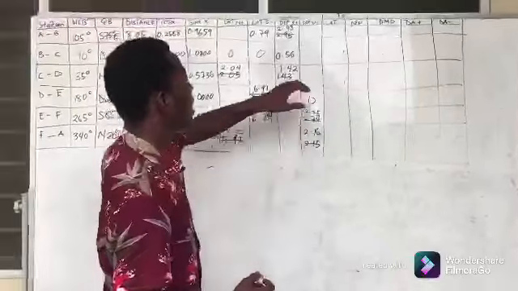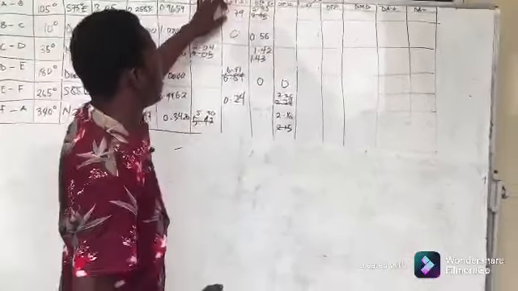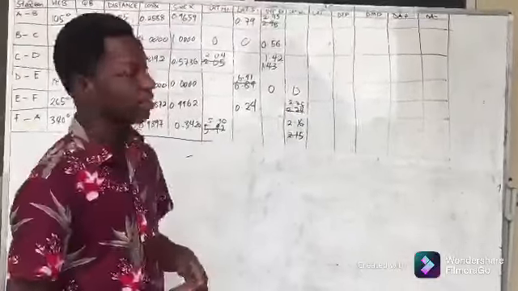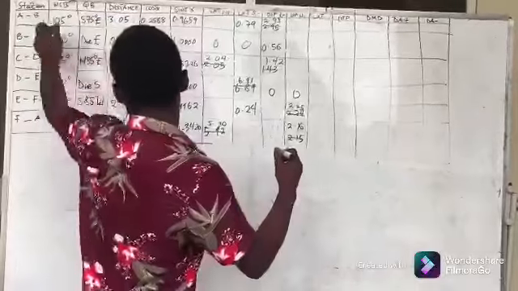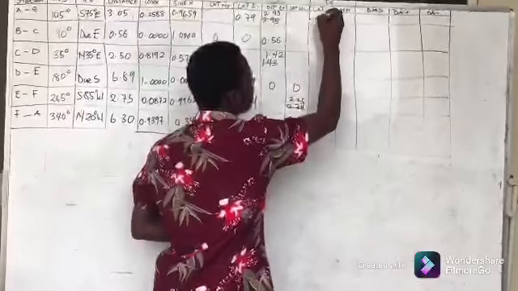So the latitude for station A and B is what? 0.79, but it's under what? South, which is negative. So for the latitude under station A and B, I'll have negative 0.79.